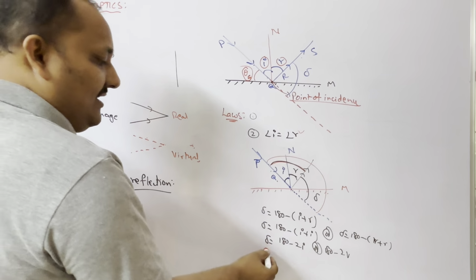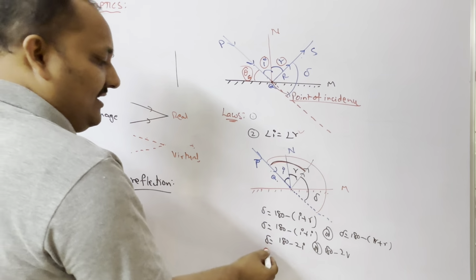If you take angle of incidence on the x-axis and delta on the y-axis, is the nature of the graph a negative slope or positive slope? Slope is going to be minus 2, so tan theta is minus 2, a negative slope.